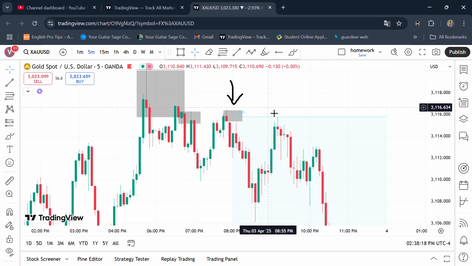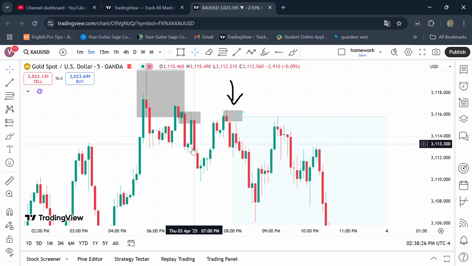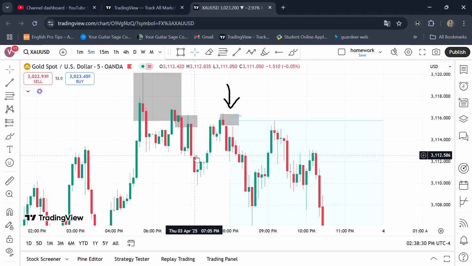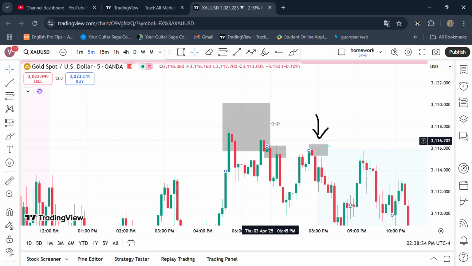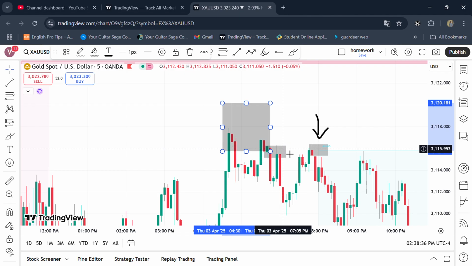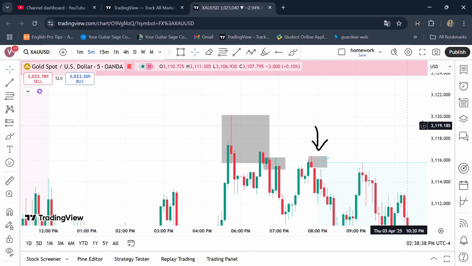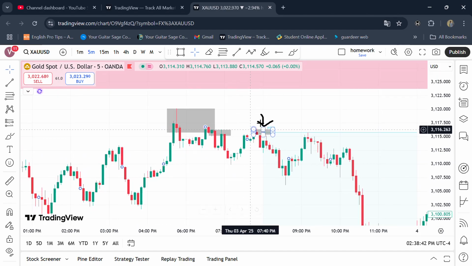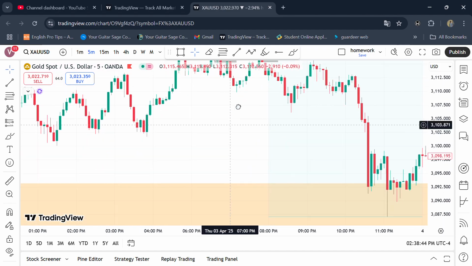So I'll guide you through how I looked at it and how confusing it could be when you're in a live market. You wake up first thing in the morning, you open the Asian session, and you see that this order block is tapped, this order block is tapped. There are two major POIs on 15-minute on the top and as well as the bottom.